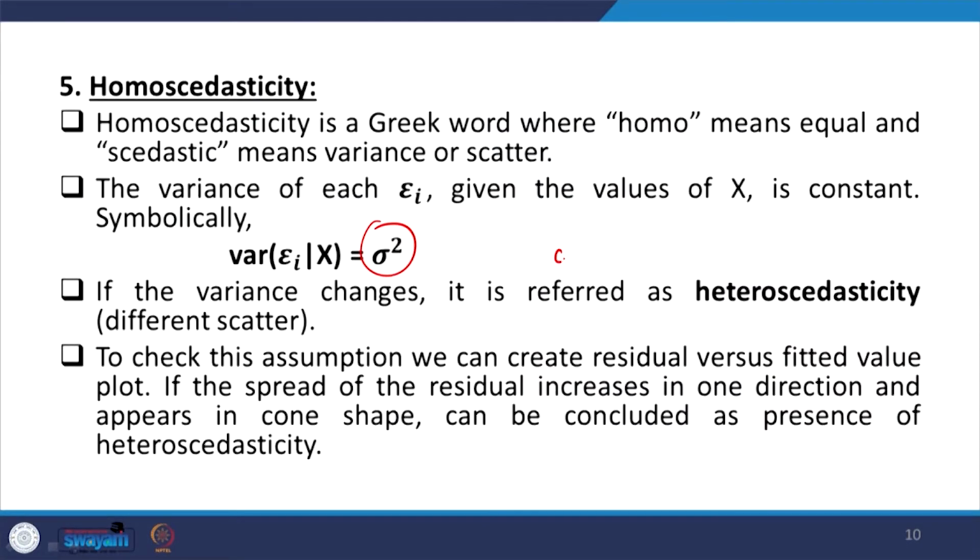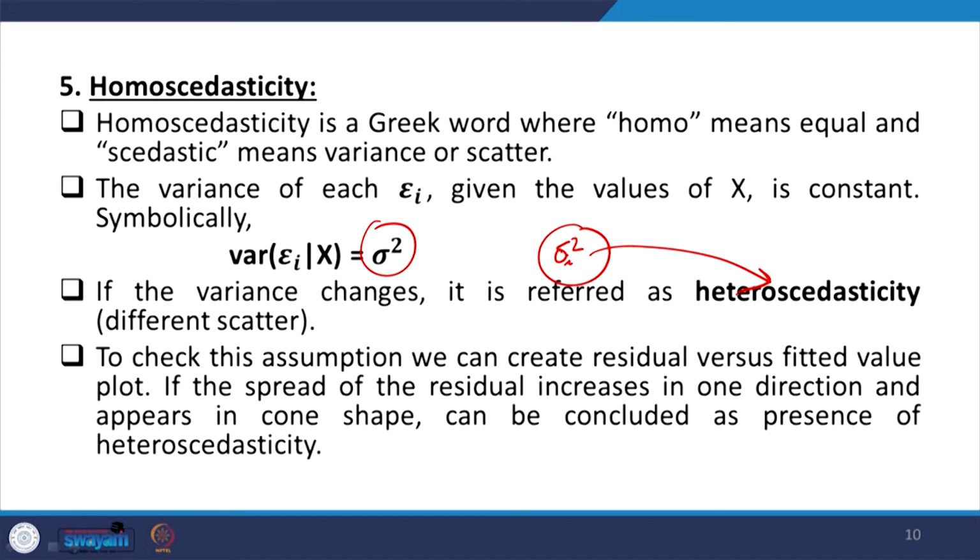So homoscedasticity ensures that the variance of the error term is constant; it should not be varying every time. If it is varying, then it is difficult to predict. If the variance changes, that is, if it is equal to sigma i squared rather than sigma squared, then this is called heteroscedasticity.